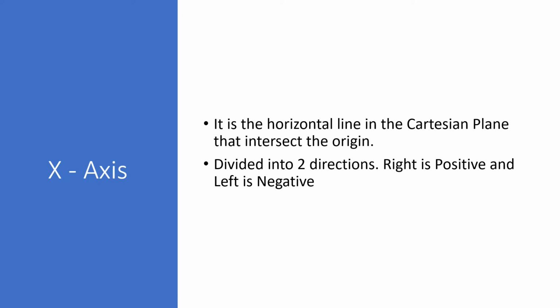In the image of the origin, there are two lines. The first line is known as the x-axis. The x-axis is the horizontal line in the Cartesian plane that intersects the origin. It is divided in two directions: the right is positive and the left is negative.